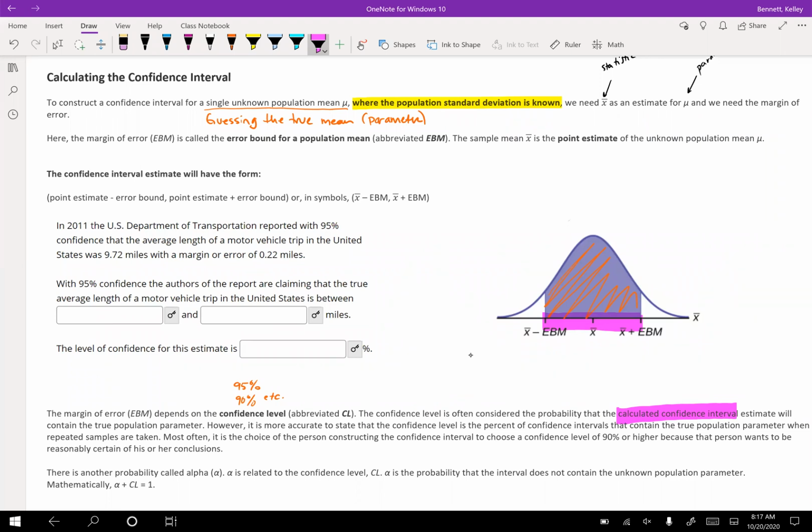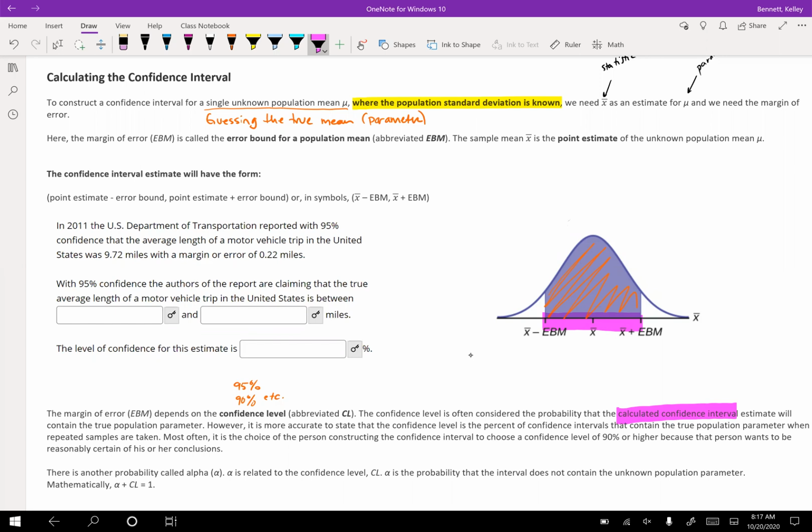That's how most people think of it. But if you were being more mathematically rigorous, you would say that the confidence level is the percent of confidence intervals that contain the true population parameter when repeated samples are taken.